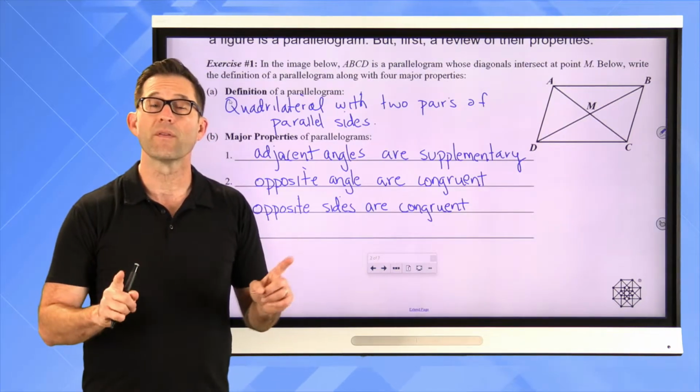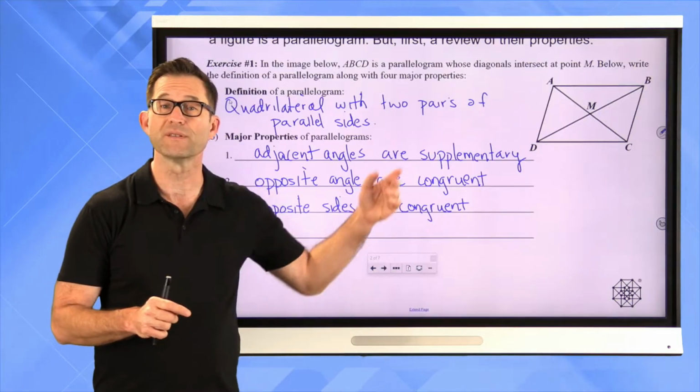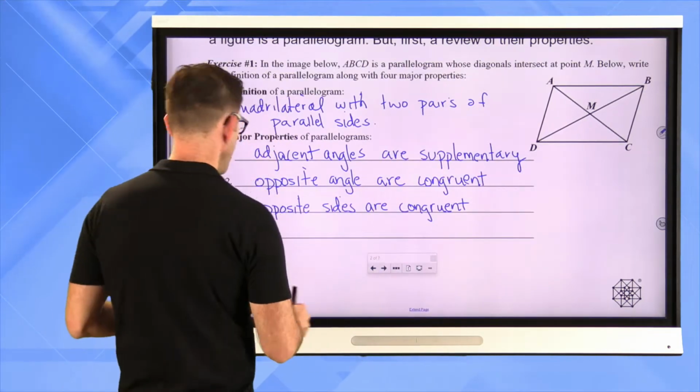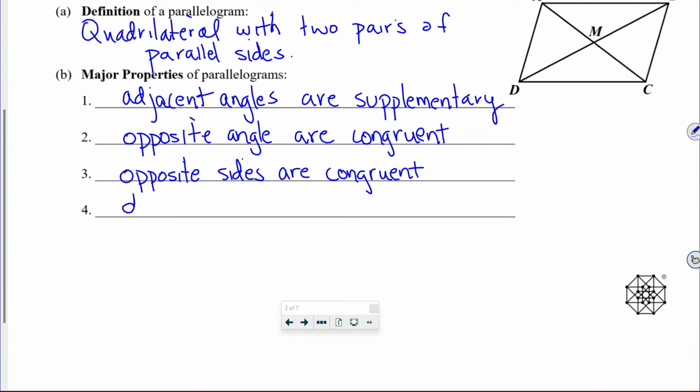And finally, one of the less obvious ones, but very important for our purposes, is that the 2 diagonals bisect each other. Let me give myself a little more room here. So the diagonals bisect each other.